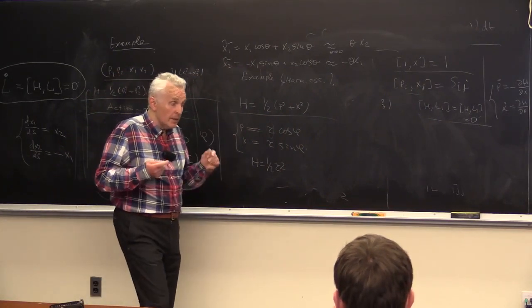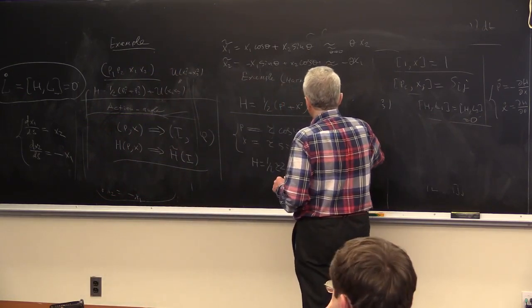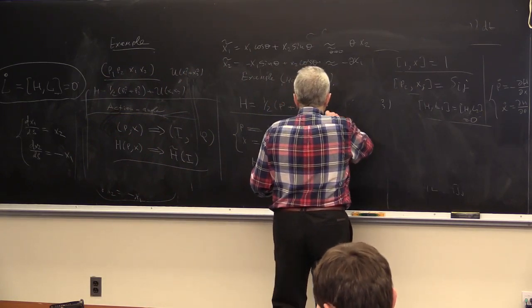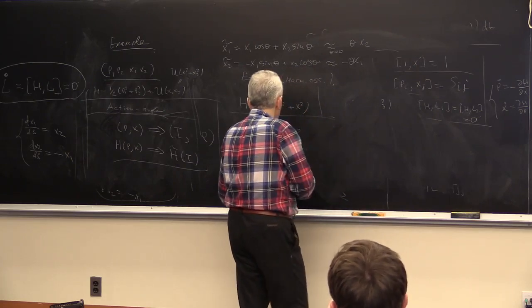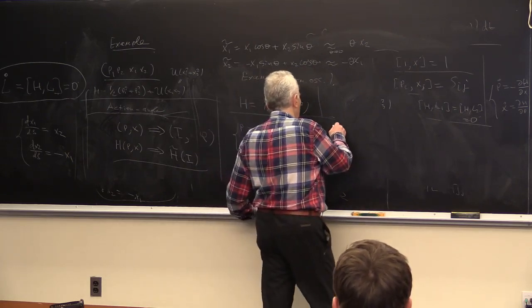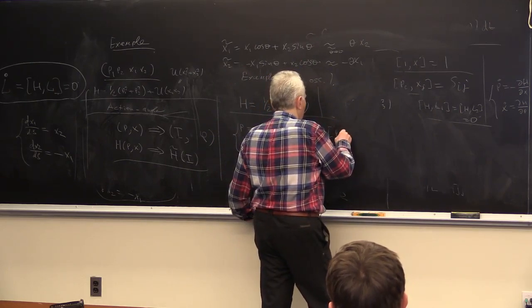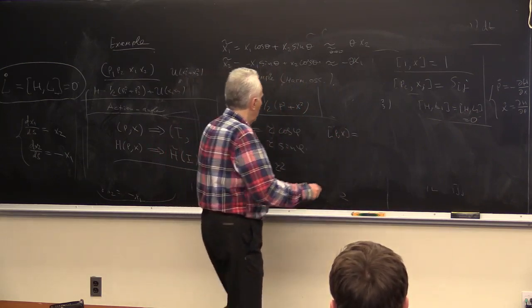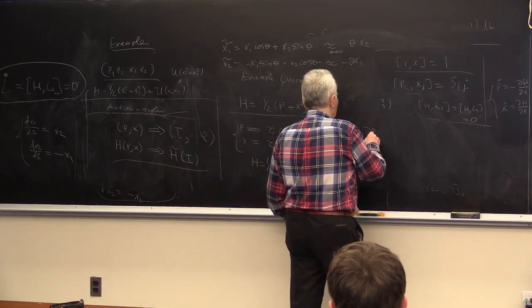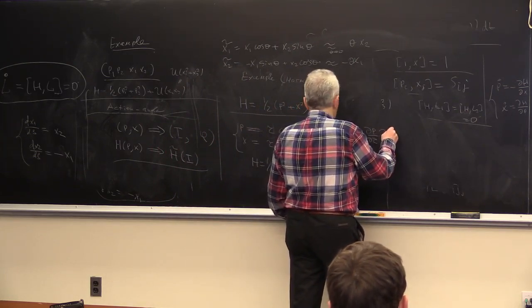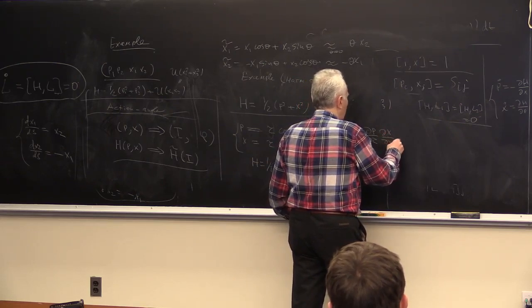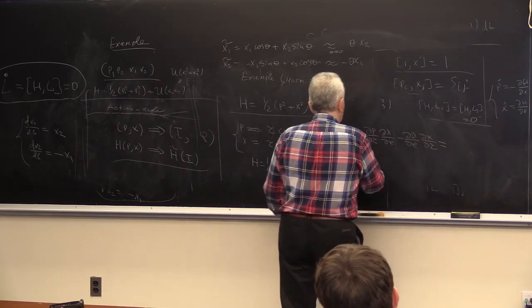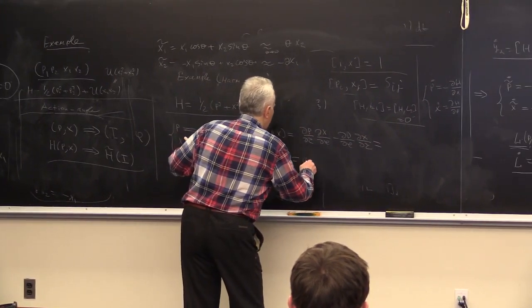It needs to be canonical. Yes, exactly. We need to check whether it's canonical. If you assume that it's canonical, let's see if they're canonical or not. Then you have dp dr dx d phi minus dp d phi dx dr. Let's calculate it. dp dr is cosine phi.